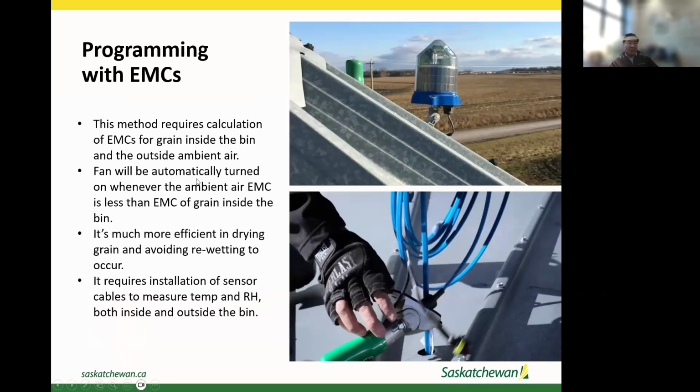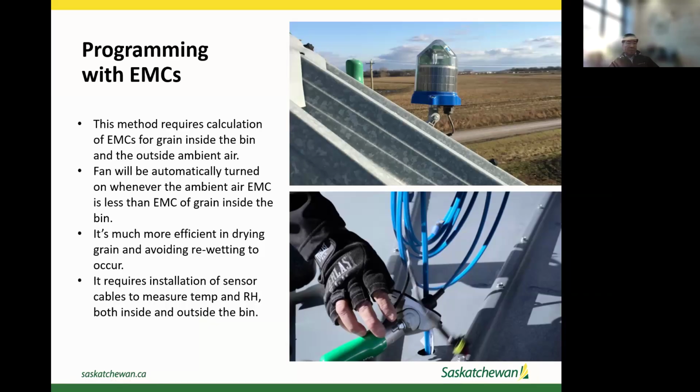The fan will be automatically turned on whenever the ambient air EMC is less than the EMC of the grain inside the bin. So if the EMC outside is lower than the inside, the fan is on. This is a much more efficient way of drying grain and avoids rewetting.